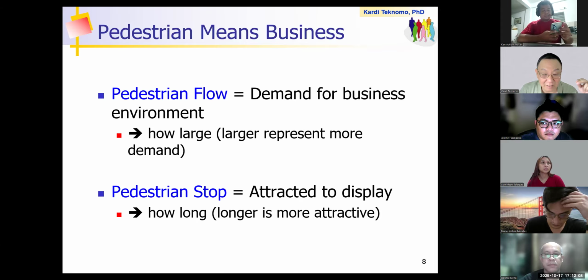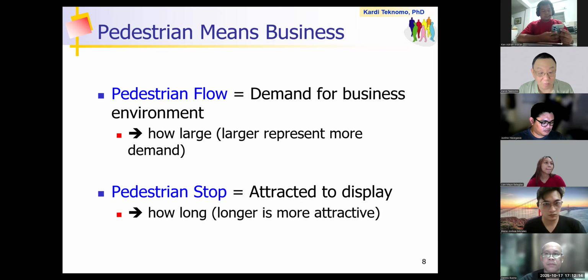Now I would like to state that pedestrian actually means business. Pedestrian flow represents the demand for a business environment, as larger pedestrian flow will contribute a larger portion of people knowing about the shop and eventually buying from the shop.